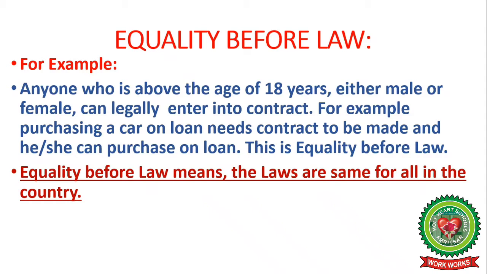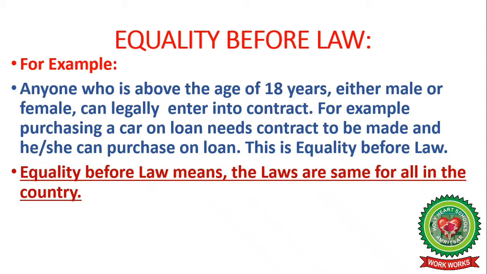The showroom person can give it on installments and get the contract signed. So this is equality before law. The showroom person will not mind whether the person purchasing is male or female. So this is equality before law.